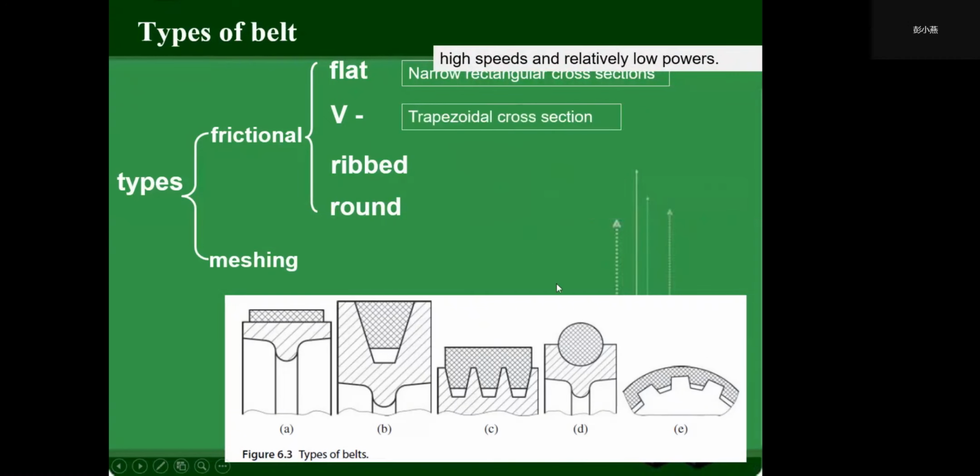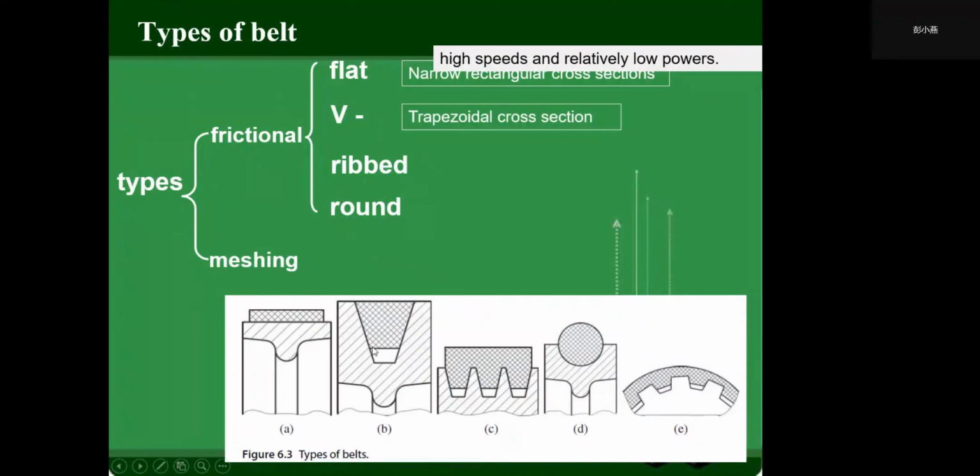For the V belt, it has a trapezoidal cross section and the two contact sides are the working surfaces. There and there are the working surfaces.